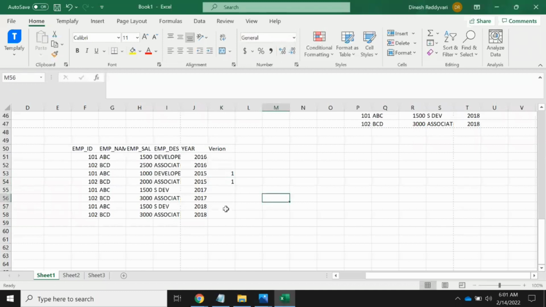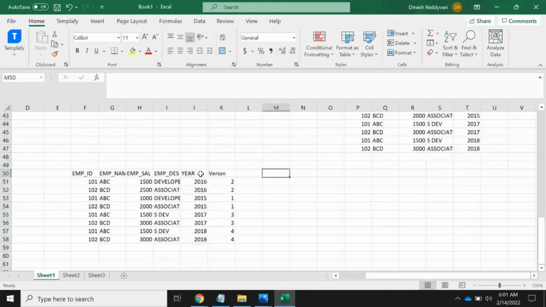Then the next version will be 2, then 3, and then 4. These are the version numbers. Initially the version number is 1. Now forget about this particular column; we are not maintaining this, and we are maintaining only the version number.